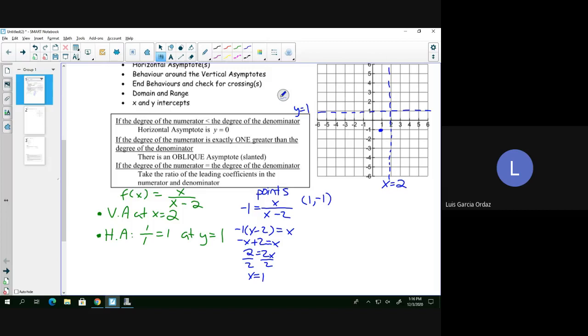So now what we need to do next is check where we get positive 1. So if we get 1 is equal to x over x minus 2, we're going to do the same thing, cross multiply. Can negative 2 be 0?